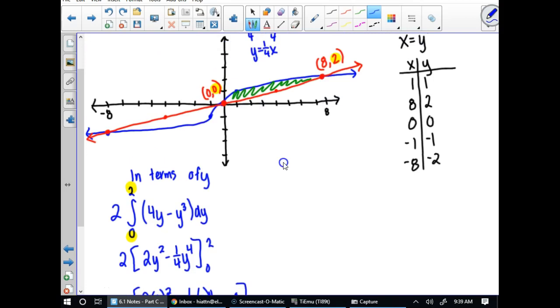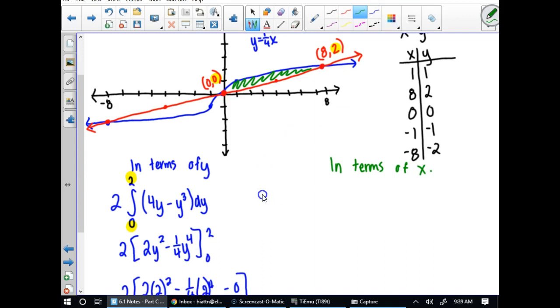If you are doing this in terms of x, let me use green for this. So start at somewhere where they're intersecting, right? Start at the y-axis. As you travel to the right, which one is furthest to the right?